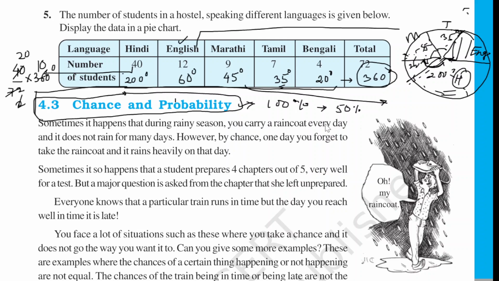Or if your fever has gone already, you have spent 2-3 days in fever, so your chances are higher, 75%. Or if you have a high fever today, then chances are very low, 10% of going to school tomorrow. So probability and chances are related terms.